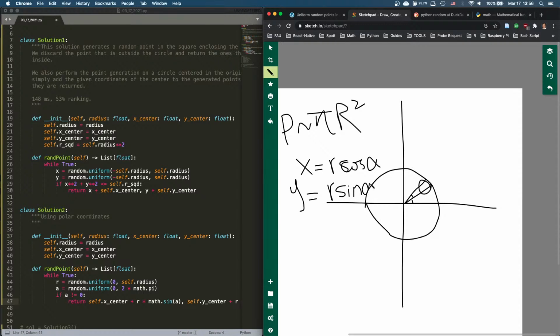With this, x is relative to r, and y is also relative to r. But eventually, we want x and y to be relative to r squared. Shouldn't we square them? Why is it sqrt instead of square?